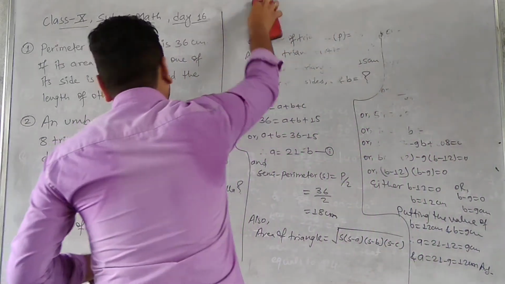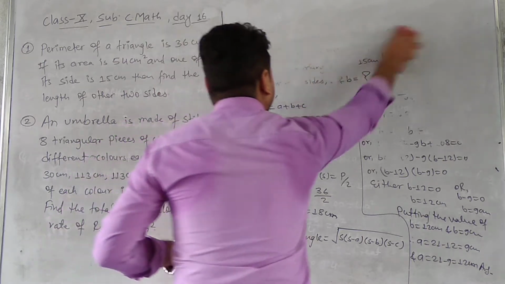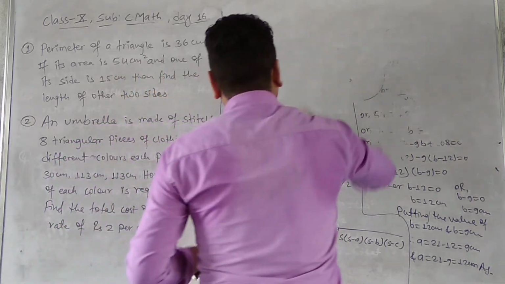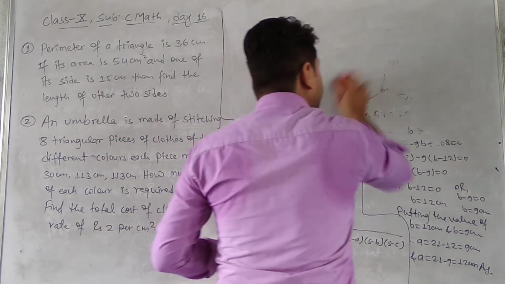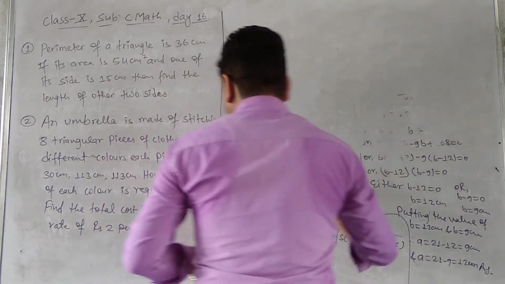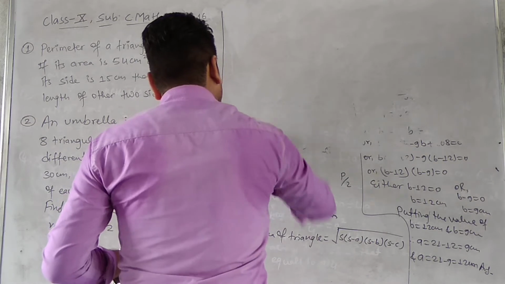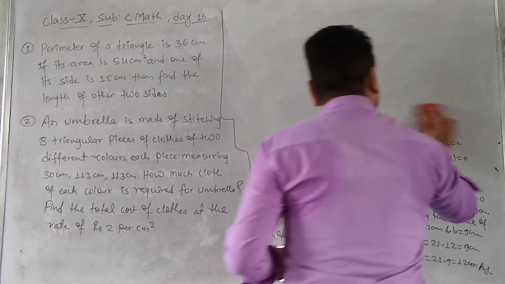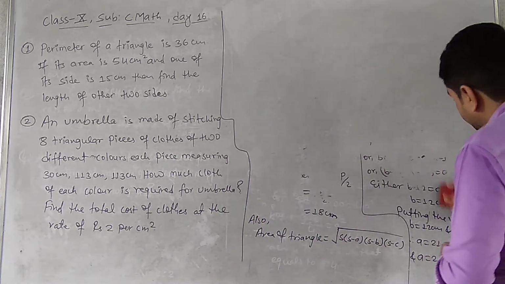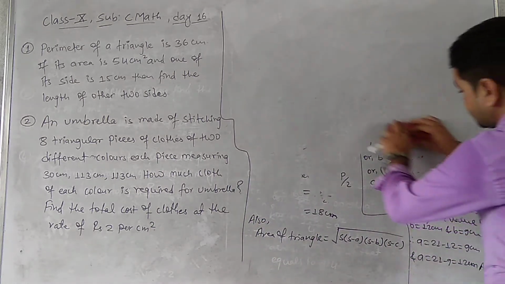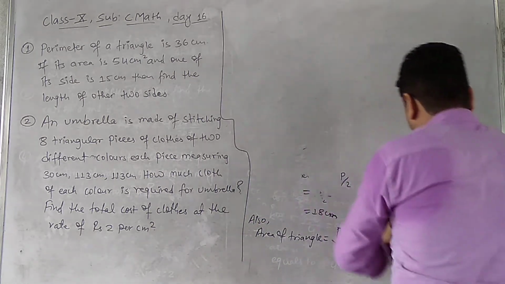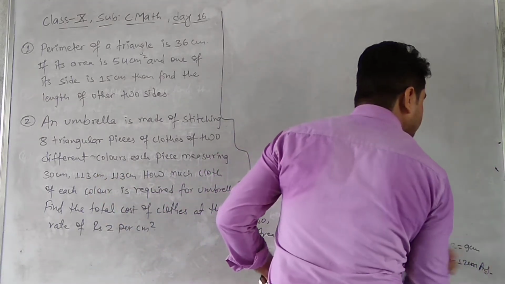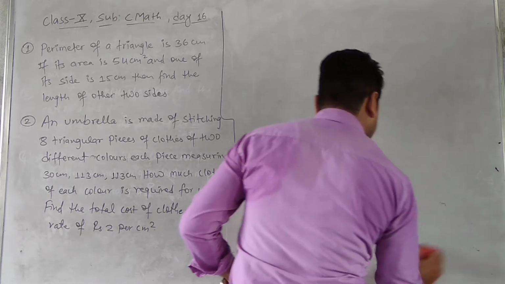So in question number 2, it is given that an umbrella is made up of stitching 8 triangular pieces of cloth of different colors, and its measuring is given there. Each triangular piece is made up of 30 centimeter, 130, 130. Since two sides are equal, this is an isosceles triangle.